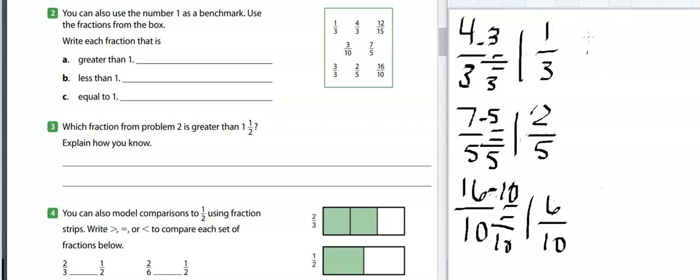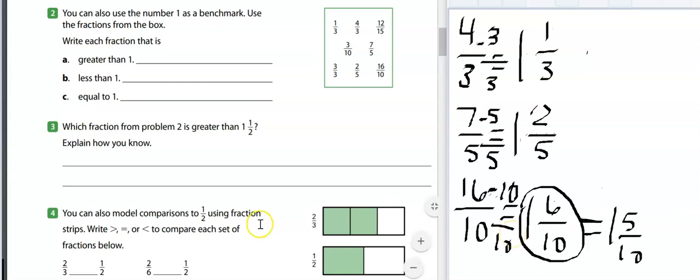Let's see. Half of 10 is 5. So 1 1/2 for this problem would be 1 5/10. But I have 1 6/10, which is greater than 1 1/2. So I know that 1 6/10 is greater than 1 1/2.